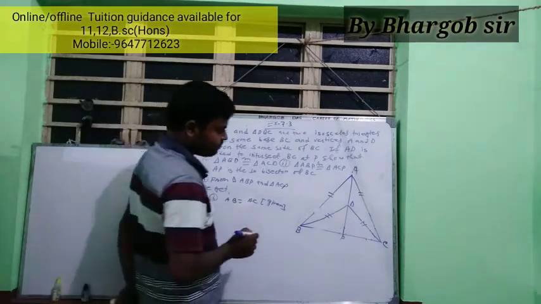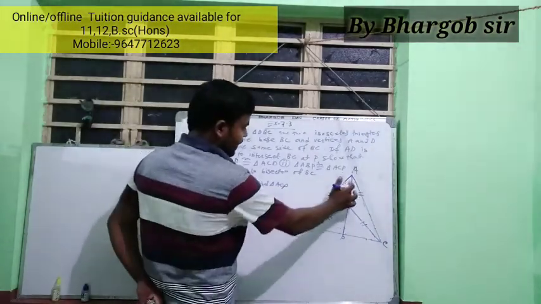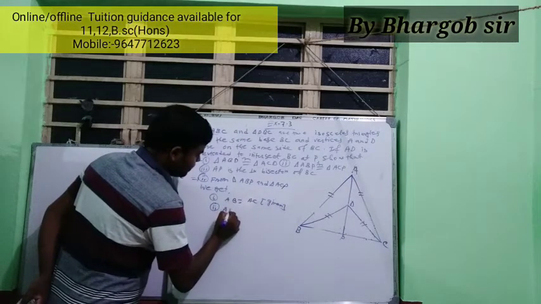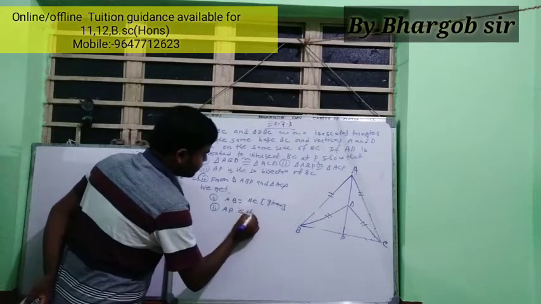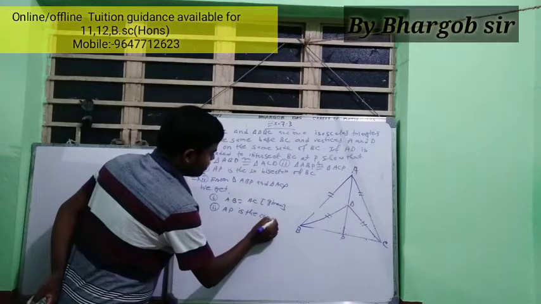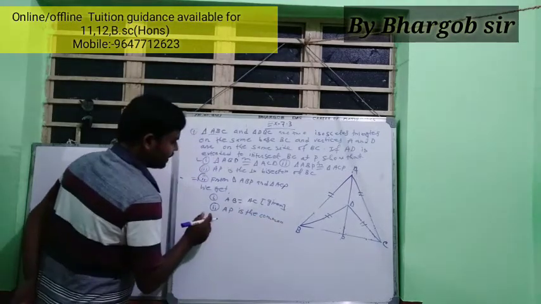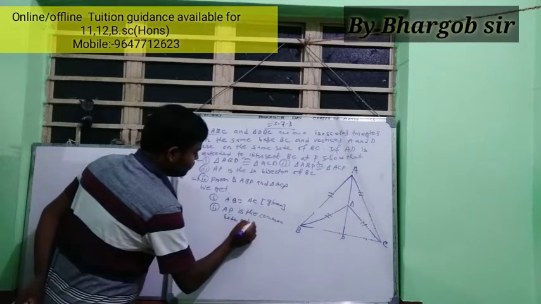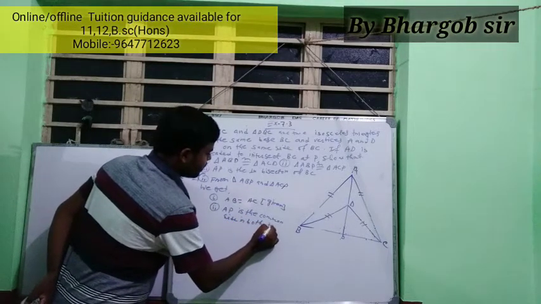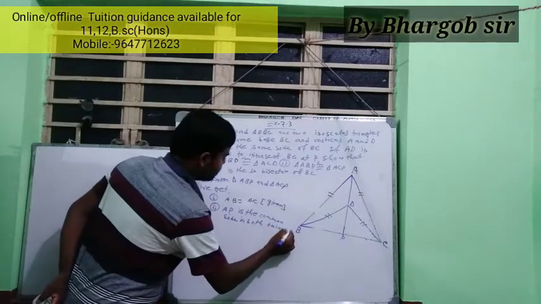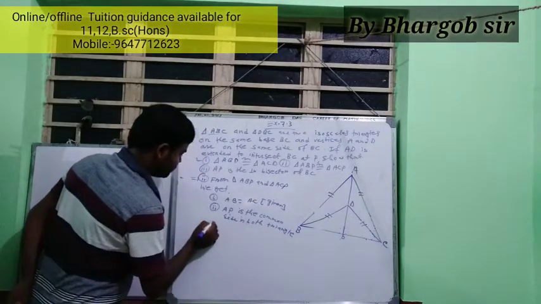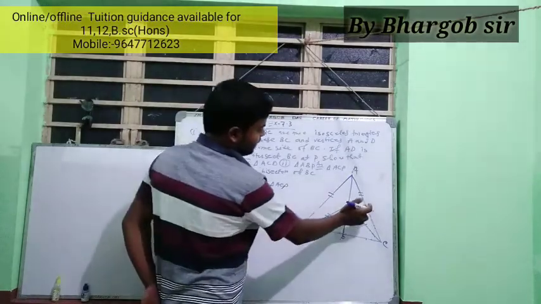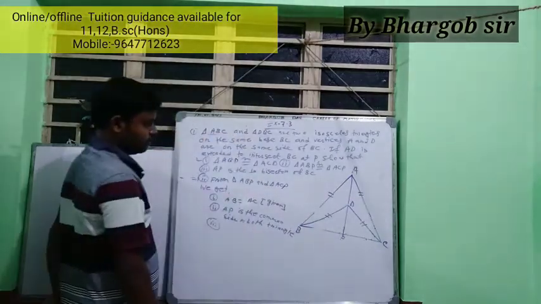And AP is the common side, that is, a common side in both triangles. So number 3, this is the common side and this side are equal.